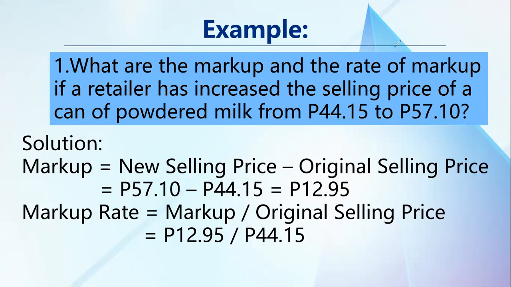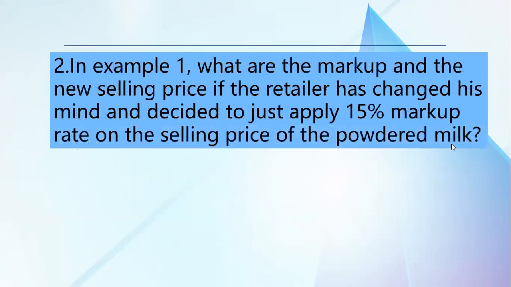Okay? Next. How about if there is a change and we apply a 15% markup, what will be the selling price? If your original price is 44.15, now the markup rate is given, which is equal to 15%.